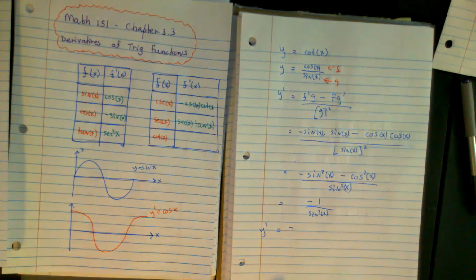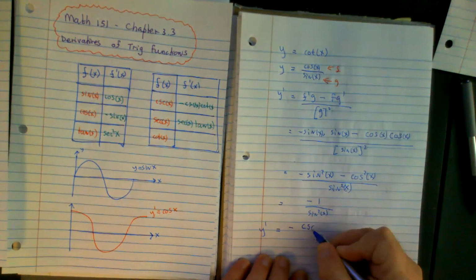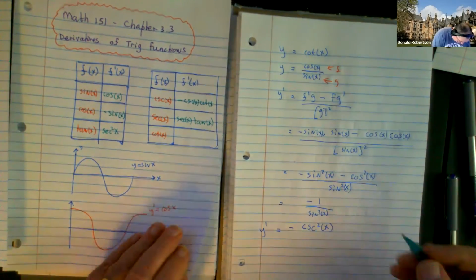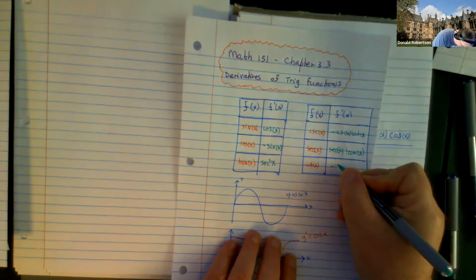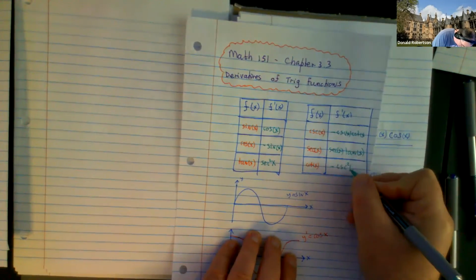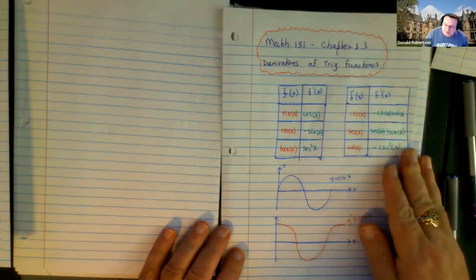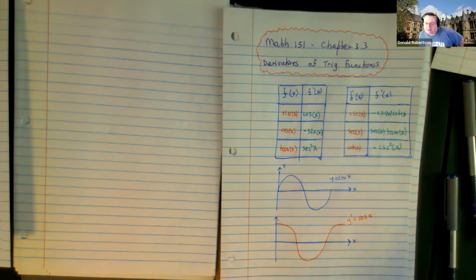Cosecant squared x. And we are finally finished. All 6. There they are in all their glory.